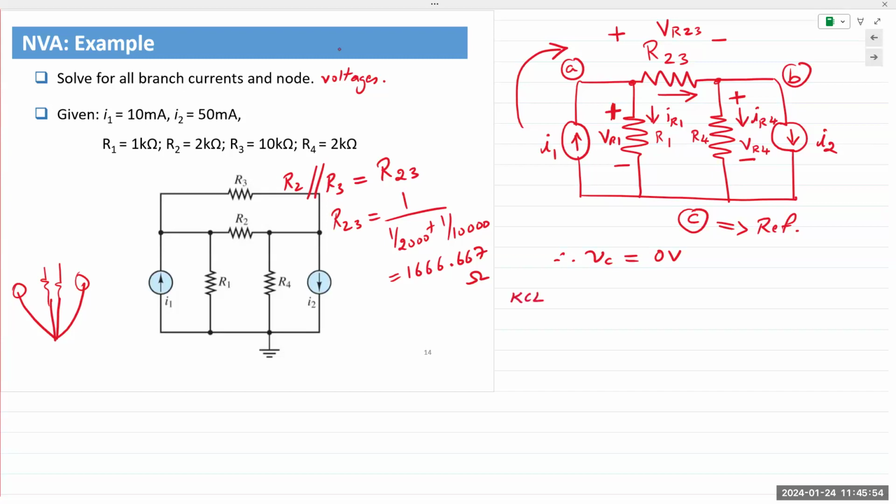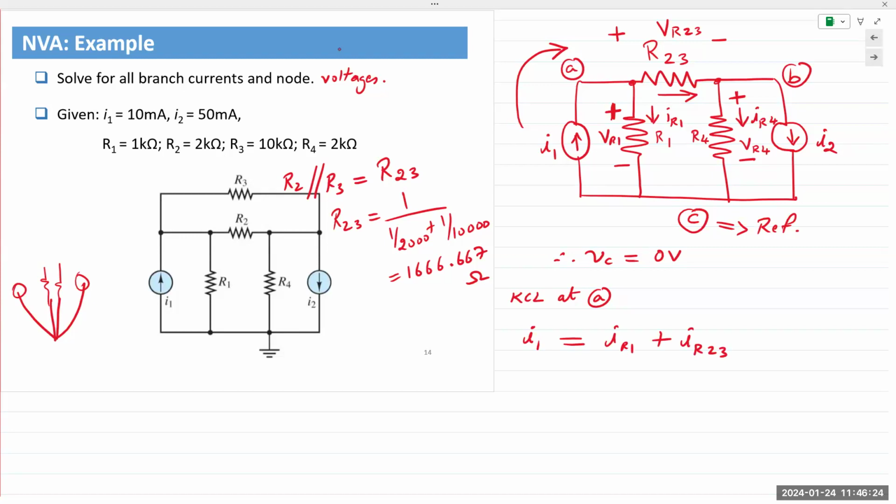Then the next step is to apply KCL at nodes A and B. Okay, KCL at A gives me I1, the current source I1 entering the junction, and then two currents, IR1 and IR23 leaving the junction.